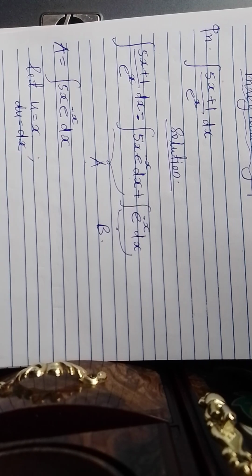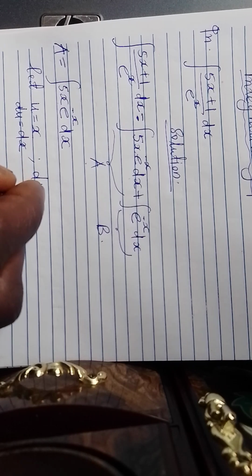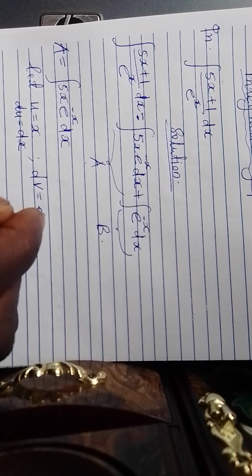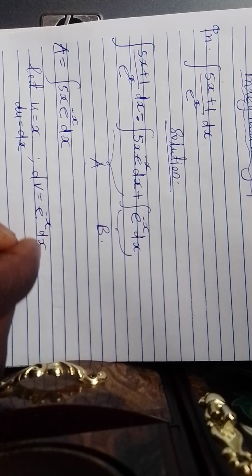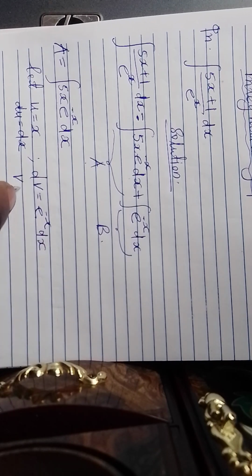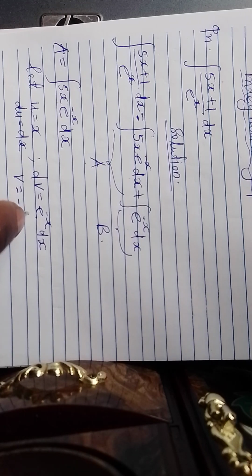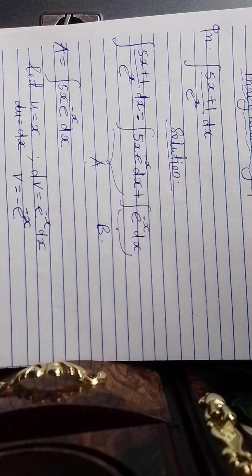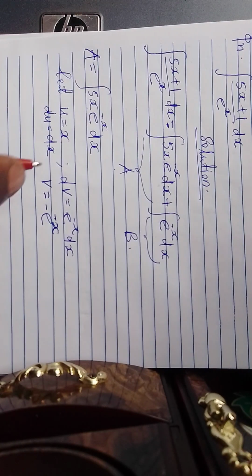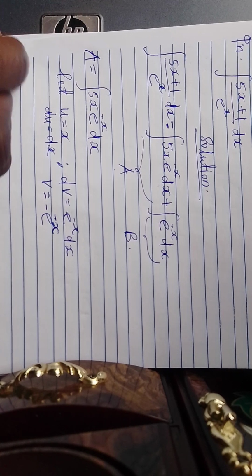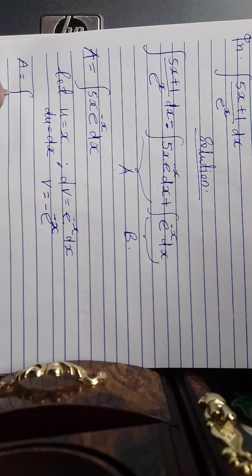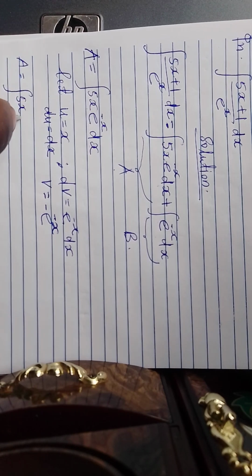Then let's have dv equals exponential raised to power negative x dx. What's our v? Our v will be equal to negative exponential raised to power negative x. So that's our v. So again, we are going to rewrite our A, the integral sign 5x exponential raised to power negative x dx.